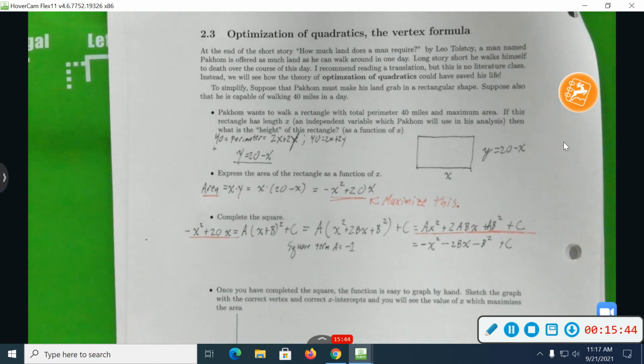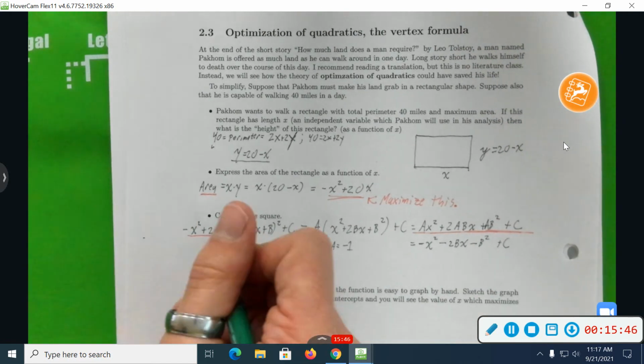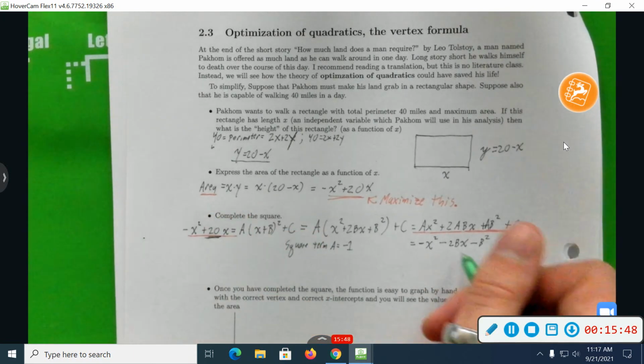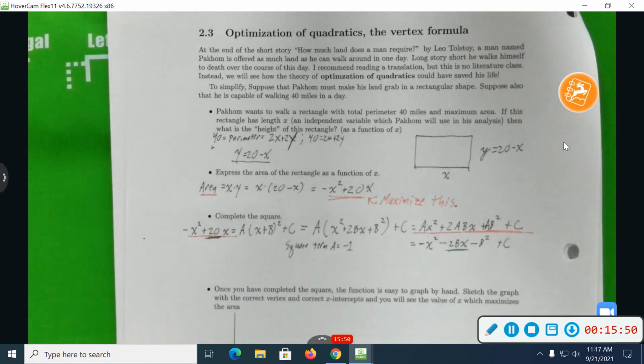Cool. So the next thing to note is that the linear terms have to be the same. This 20 needs to give me that. So, because those two have to be the same, what fact can you tell me as a consequence? If 20 is equal to -2b, then yeah, b should be -10.